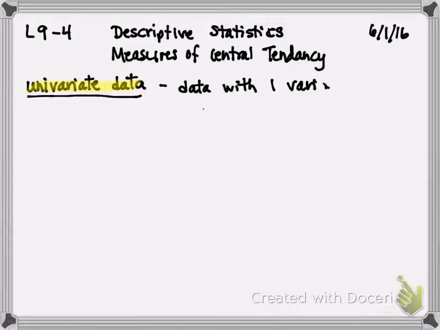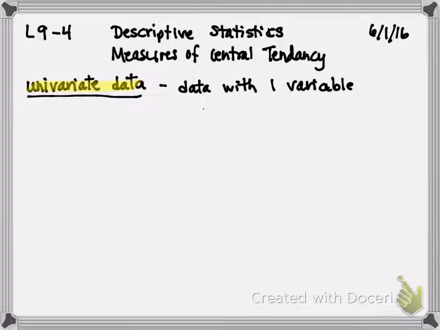So this would be like asking your height, your weight, your age, your shoe size, score on a test. It's just one thing. I'm not looking at score on the test and if you're male or female. I'm only looking for one thing, okay? Only one category, right? So that's the big difference with this.